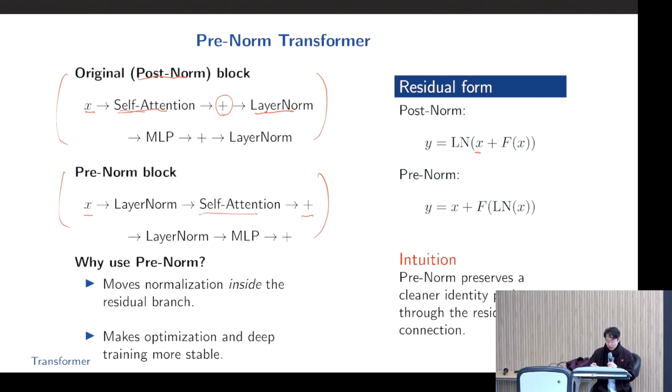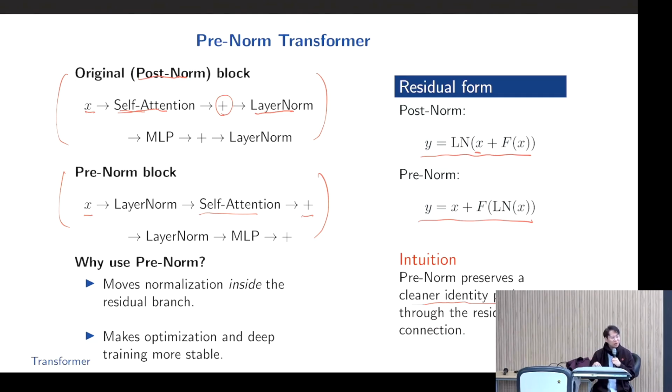If you compare before and after, you can notice that it preserves a cleaner identity path through the residual connection. Meaning, suppose the combination of f and LN wasn't really doing anything.